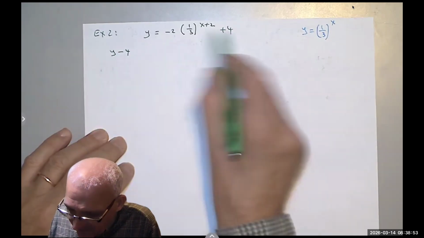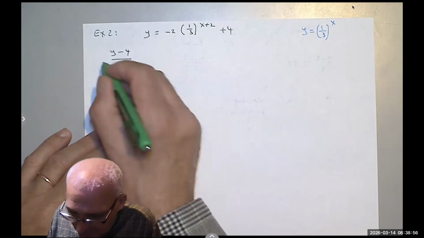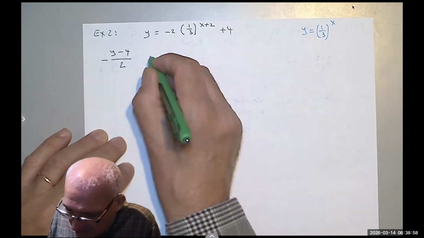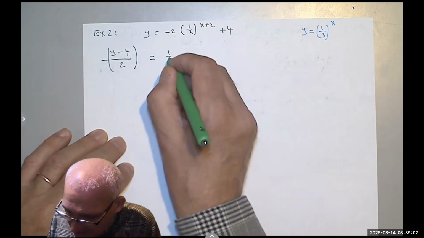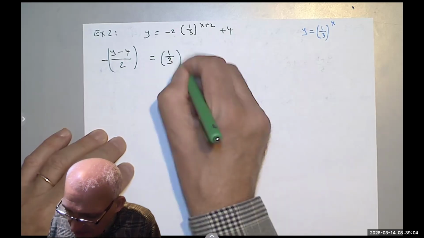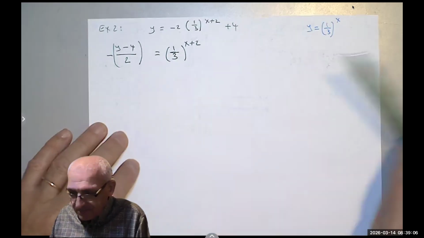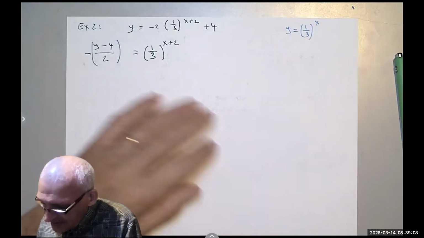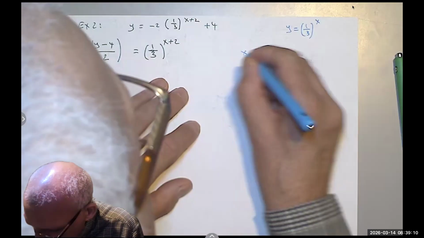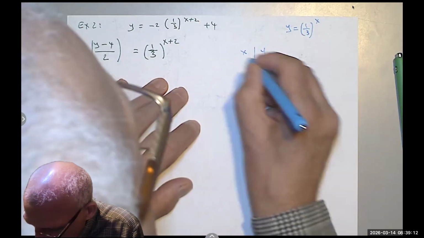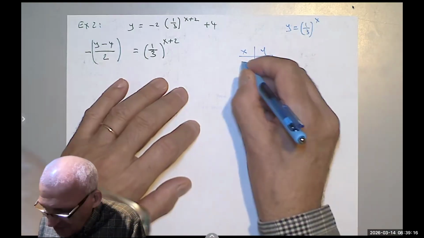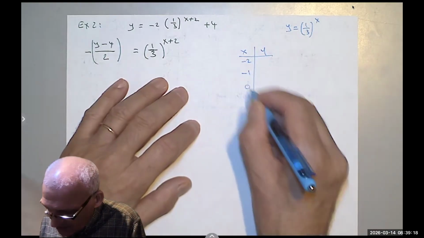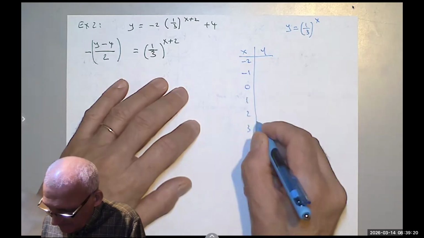And then I'm going to divide by negative 2, equals 1/3 to the x plus 2. And again, like we did last time, here is my x and y. Notice it's 1/3. I can start with negative 2, negative 1, 0, 1, 2, 3.